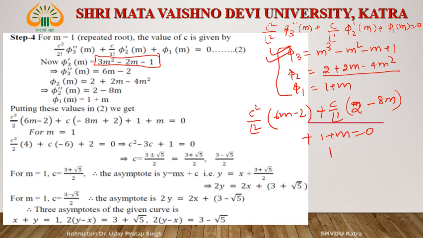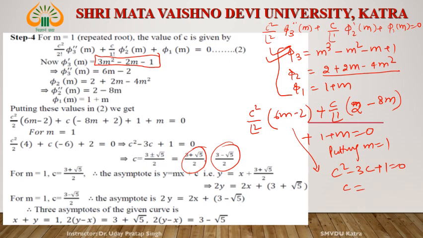Putting m equal to 1 and solving this quadratic equation in terms of c, we get c² − 3c + 1 = 0. What is c? c is equal to this one, right?